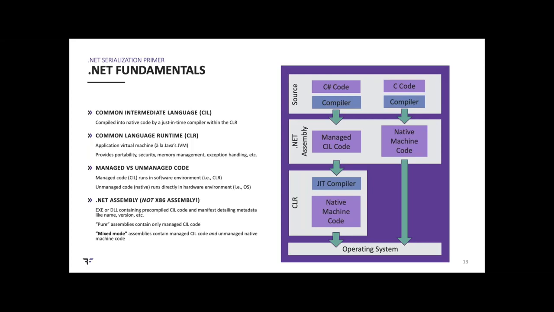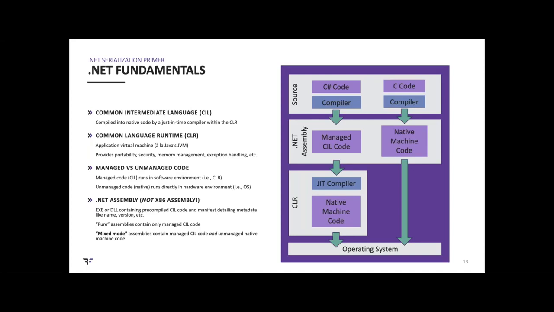And now that I've illustrated both of these things, there's this concept of managed and unmanaged code that you need to understand. Managed code, like CIL that I just mentioned, runs in the CLR in a software environment inside the application virtual machine. And in contrast, unmanaged code natively runs directly on the operating system.